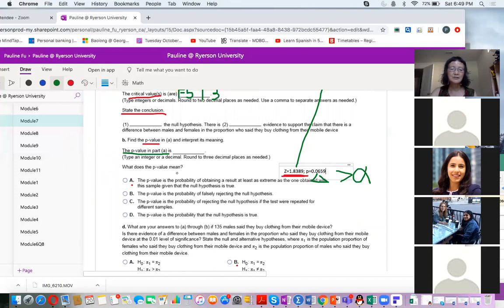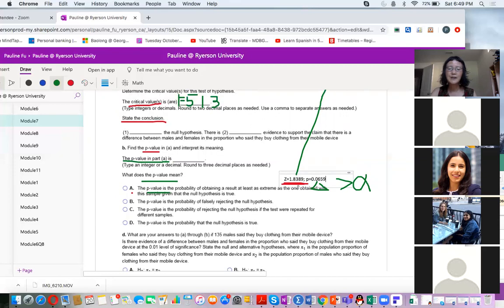the p-value. Okay. So p-value is the probability of obtaining a result at least as extreme as the one obtained with this sample, given that the null hypothesis is true. That is the interpretation of p-value.